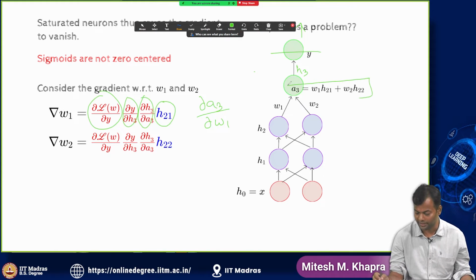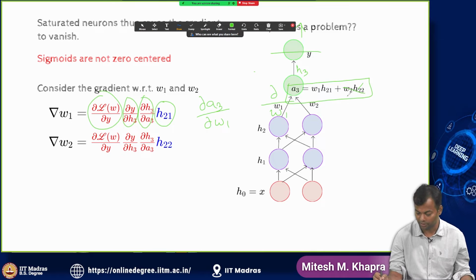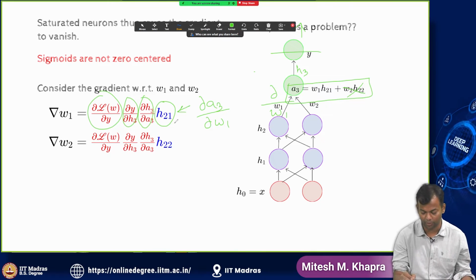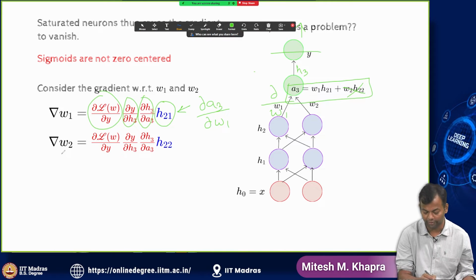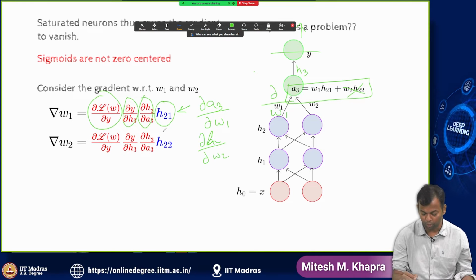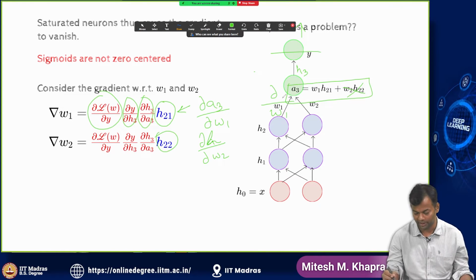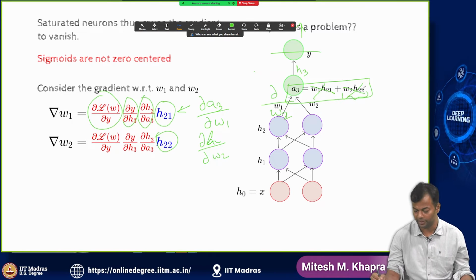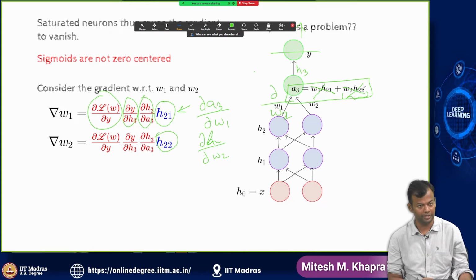So this is what a3 is. If I take the derivative of this with respect to w1, this quantity disappears because it's a constant, and the derivative of w1 h21 is just h21. Similarly, the derivative of the loss function with respect to w2 would have an h22 here, right? Again, because in the derivative of a3 with respect to w2, this quantity would disappear and you will get an h22. So this is fine.